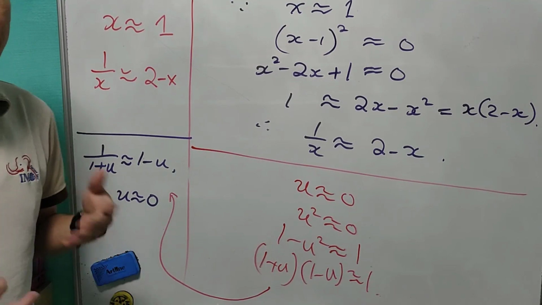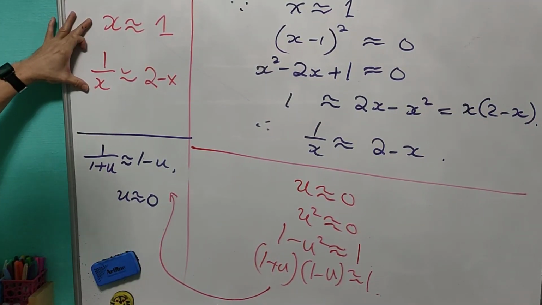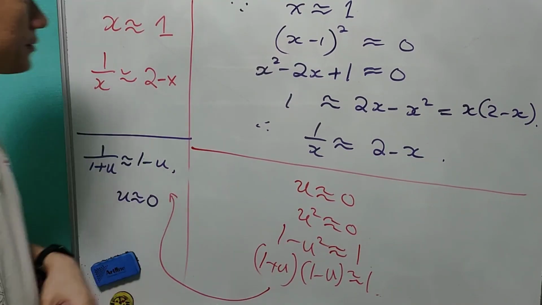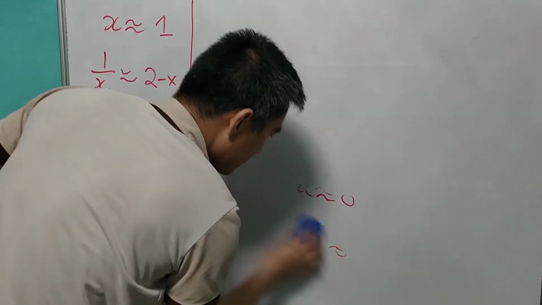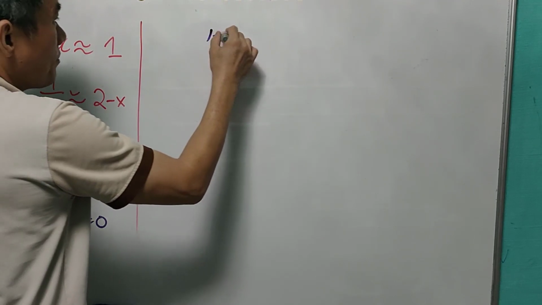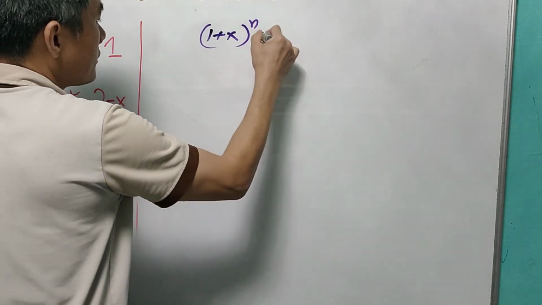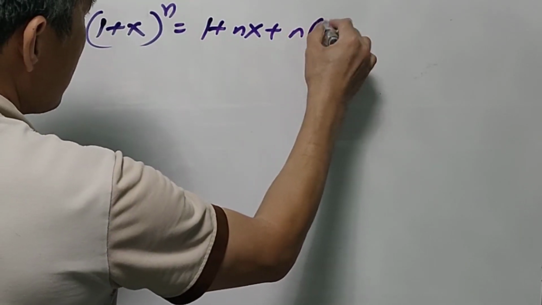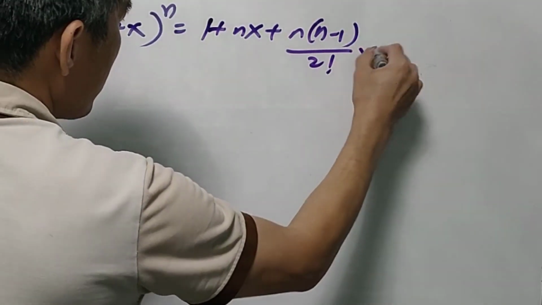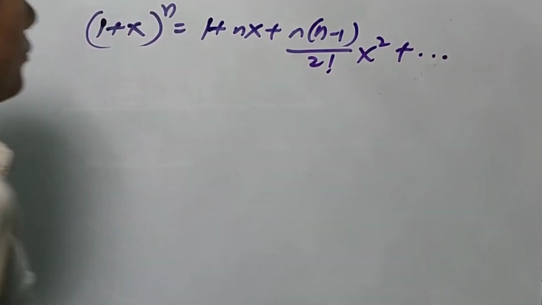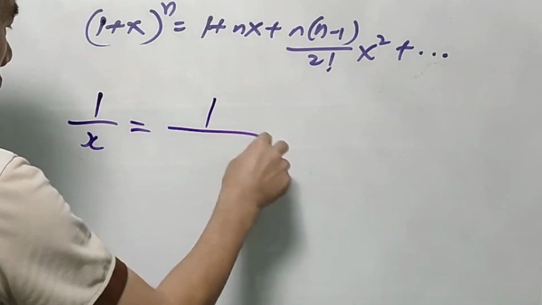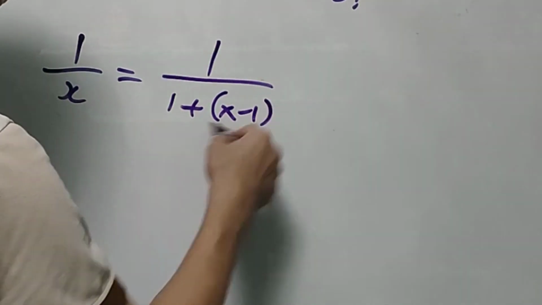Next, we are going to use the binomial theorem to get this result. And not only that, we will also know what the error bound is. We need to know that (1 plus x) to the power of n is equal to 1 plus nx plus n(n minus 1) over 2 factorial x squared, and so on and so forth. 1 over x can be written as 1 over (1 plus (x minus 1)).